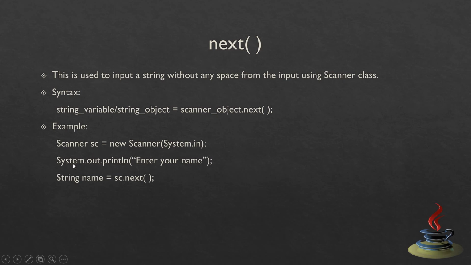Now System.out.println gives a message to the user, enter your name. Then String name equals scanner object dot next method. So we input through our terminal window, and that value is assigned to the name variable. Let's check how it works.